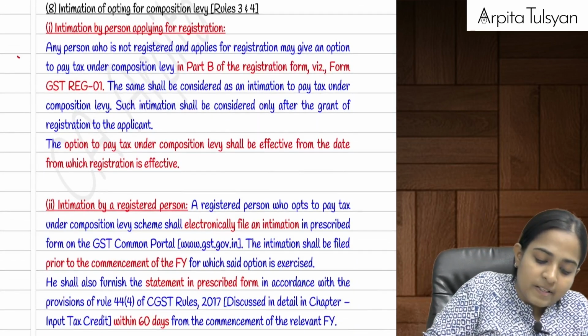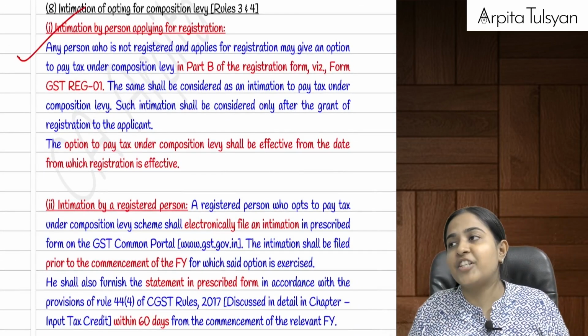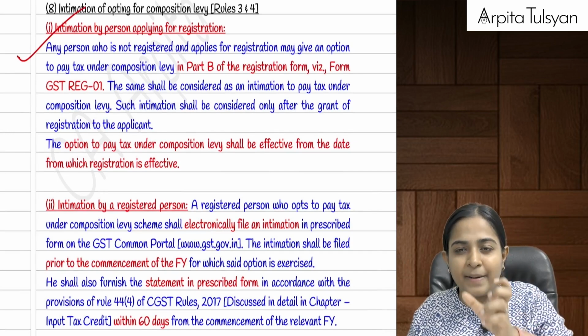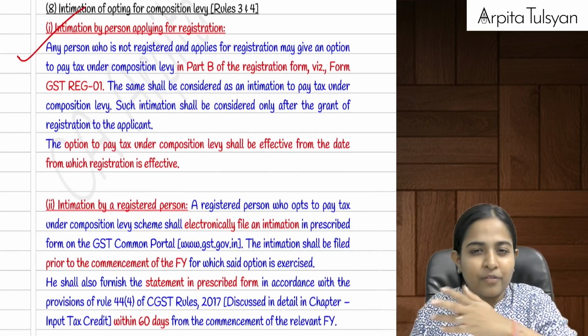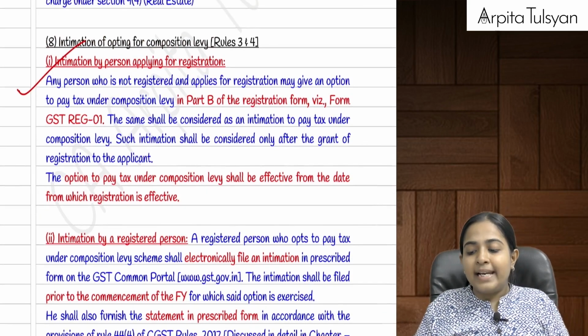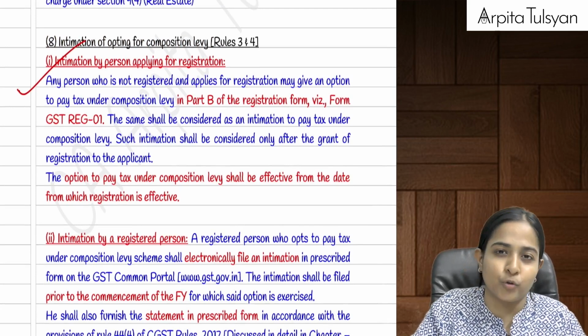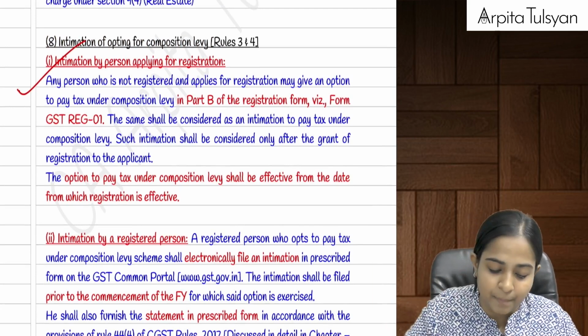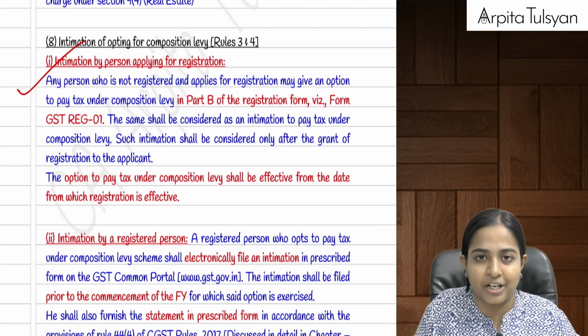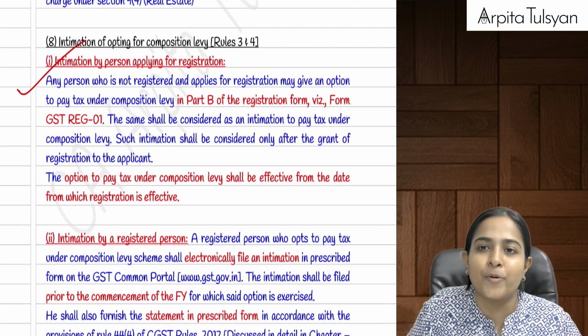Yes. Now listen. The example which I gave you, April turnover 10 lakhs, May turnover 10 lakhs, June turnover 50 lakhs, etc. Now, let's say this particular person applies for registration on 1st of June or on 31st of May, applies for first time registration and wants to go for composition scheme.